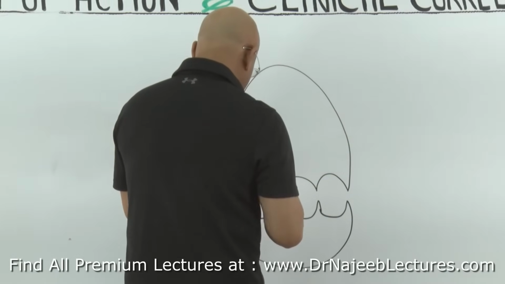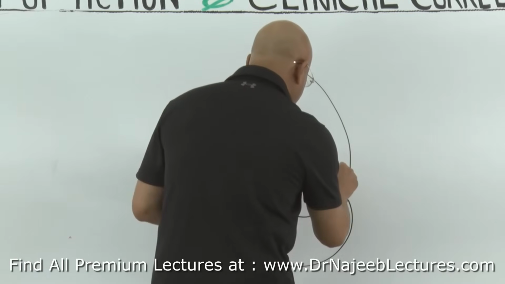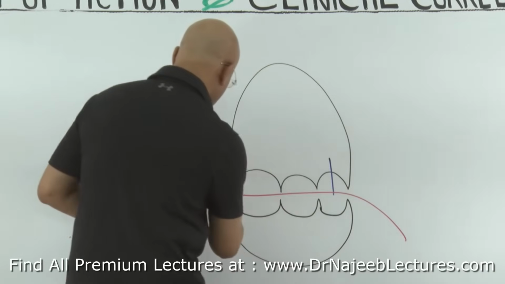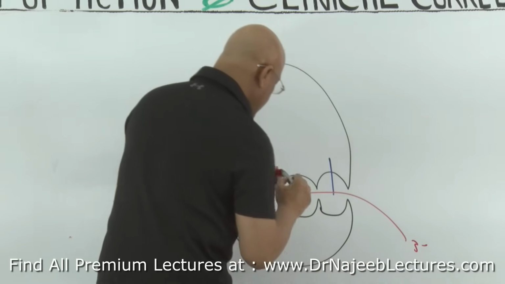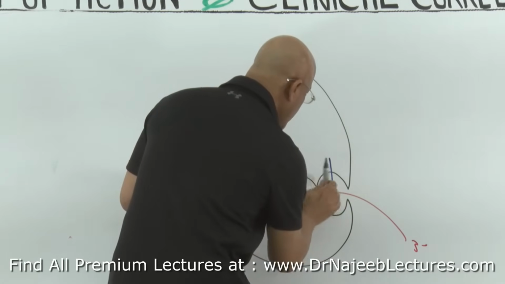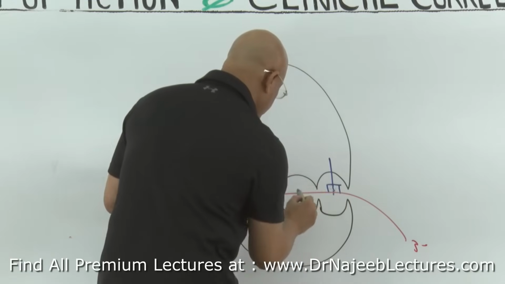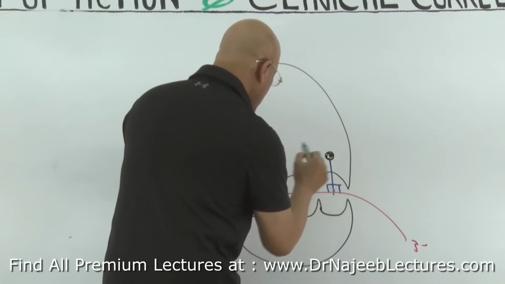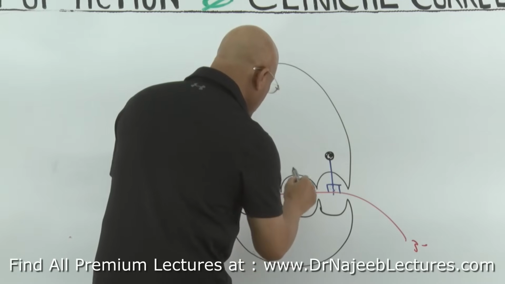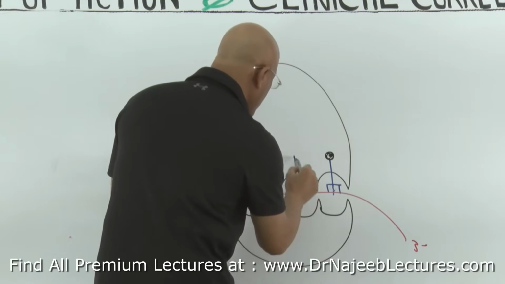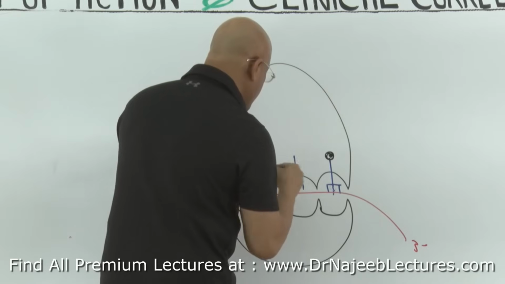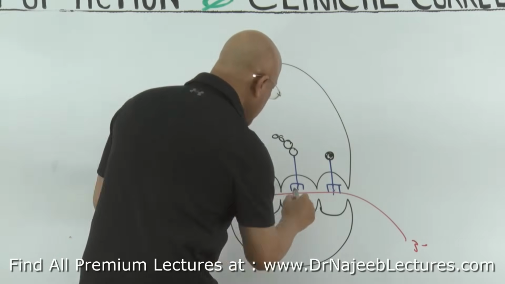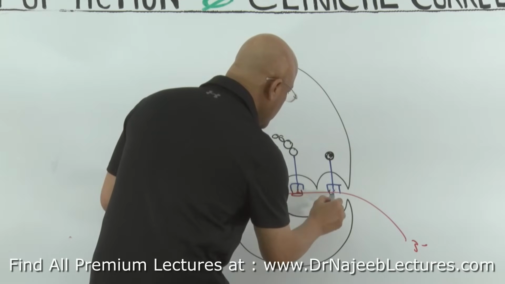And here we have 5 prime and 3 prime. In the A site we have aminoacyl transfer RNA. At the P site we have what? Peptidyl transfer RNA, right? And here are your codons.